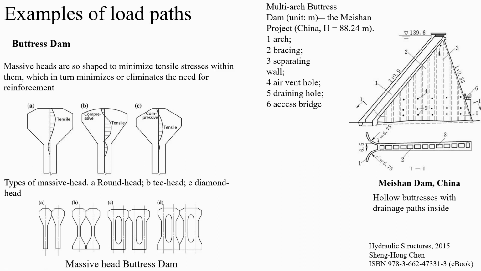And they studied different types of massive head, as you can see. Also, for the Mesan Dam project, the designer thought about generating a hollow within the buttress, and there was a drainage path inside. Its height is about 88 meters.